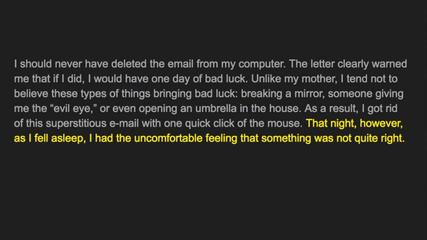So it starts off generally talking about the email, and then it gets more specific about what they don't believe, that they deleted it, and now this incident. So I fell asleep, I had the uncomfortable feeling something was not quite right. So again, this is setting up nicely the theme for the writing. So we can guess that in this case, maybe there's going to be lots of bad luck happening.